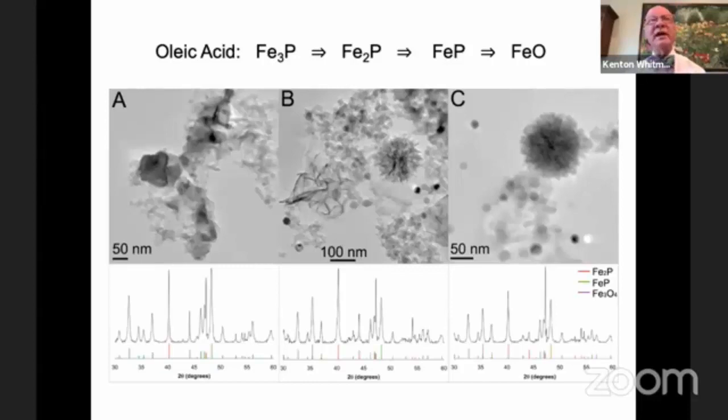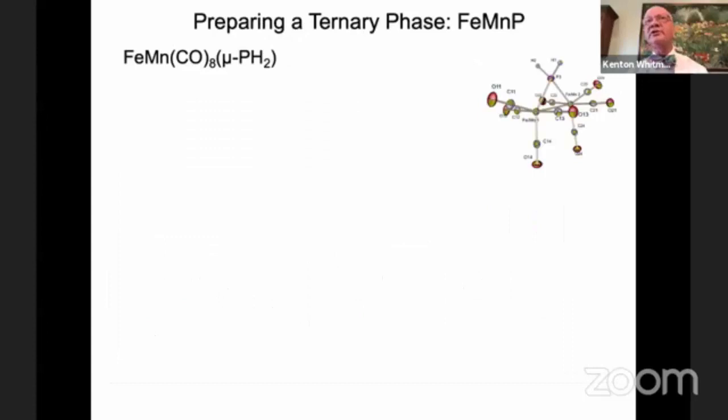About the same time, we were also looking at heterometallic species, and we made a single source precursor that contained both iron and manganese. The target phase here was FeMnP, and as you see from this molecule, we have the right stoichiometry. We have one iron, we have a manganese, we have one phosphorus.